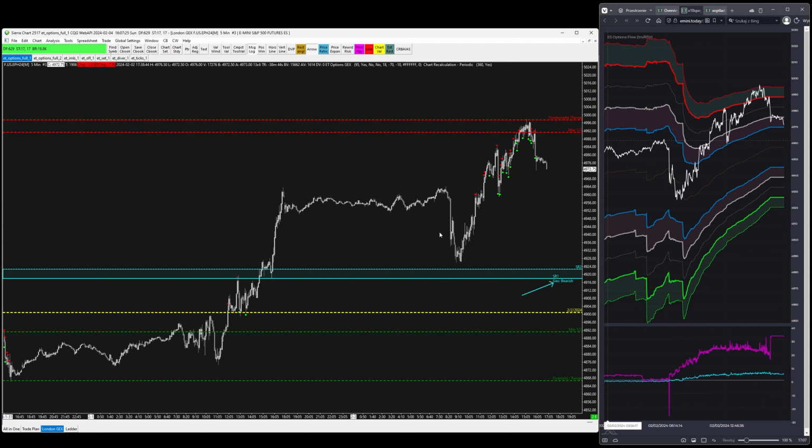Okay. As to the levels in here, where do they come from? Well, they come from our dealer's dashboard analysis, which is updated again usually during the first 2 hours of the European session.